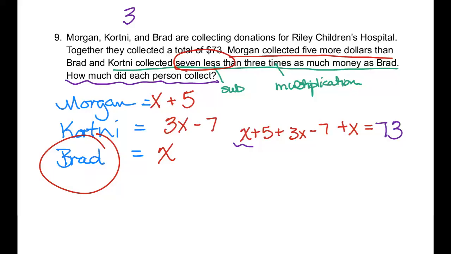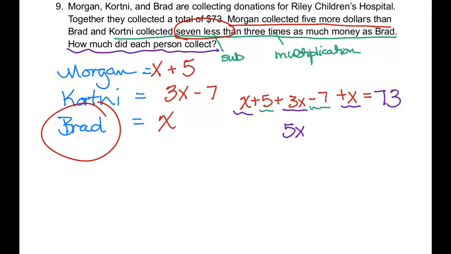You got an x, you got a 3x, and another x for a total of how many x? 5x, thank you. And you have a 5 plus a -7. 5 and -7 gives -2. And that's equal to 73.